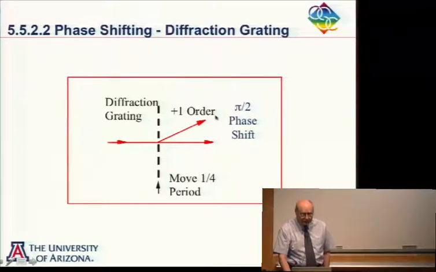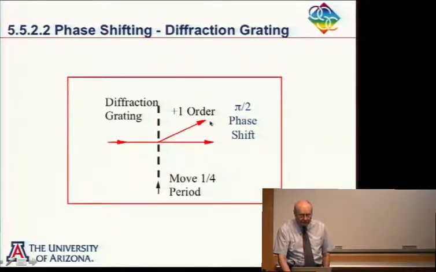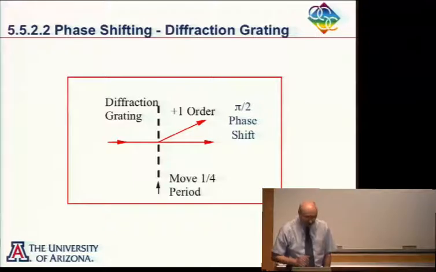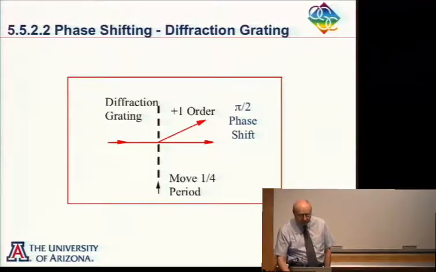So if I'm looking at the first order here, if I move this a quarter of a period, then the phase of the first order will change by 90 degrees, a quarter of 360, or pi over 2. And a minus first order would change by minus 90 degrees. And a zero order phase will not change.